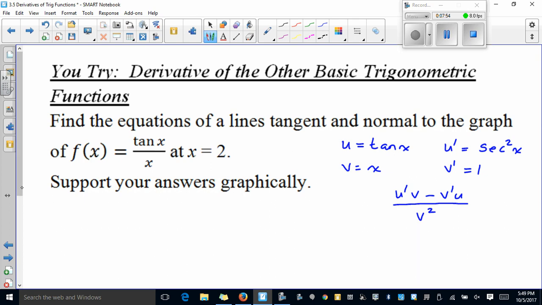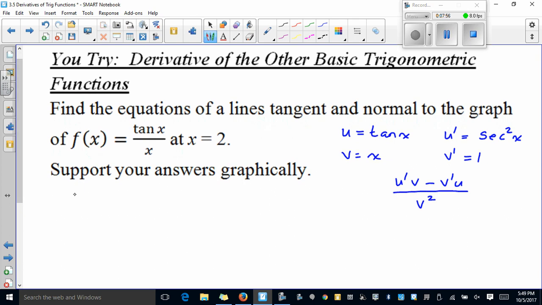So we go into here, and so I get f prime of x, u prime v, so I have x secant squared of x minus v prime u, tangent of x, all over v squared, so x squared.